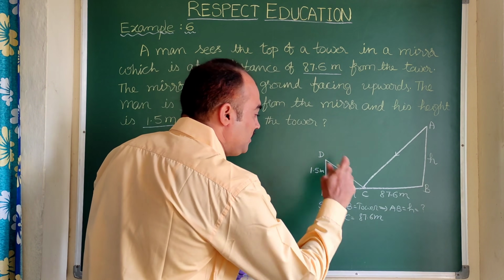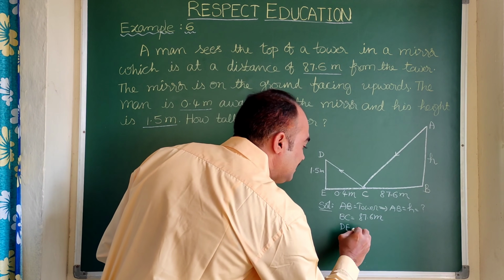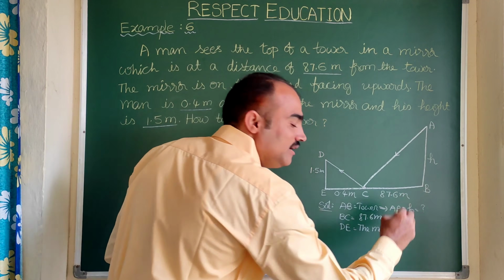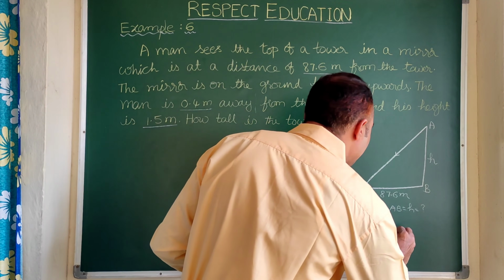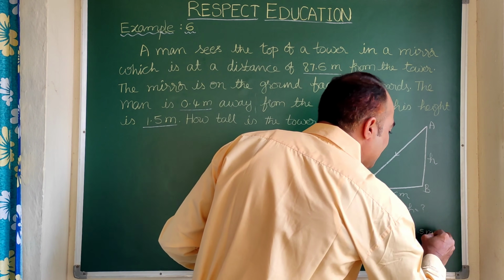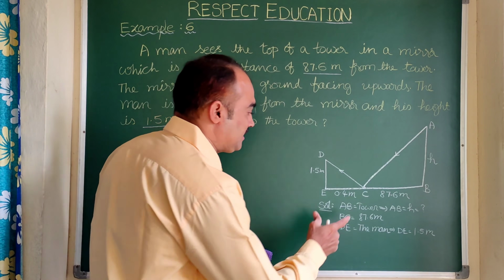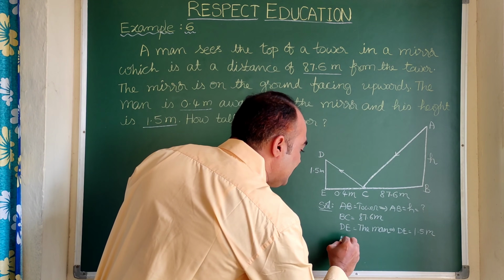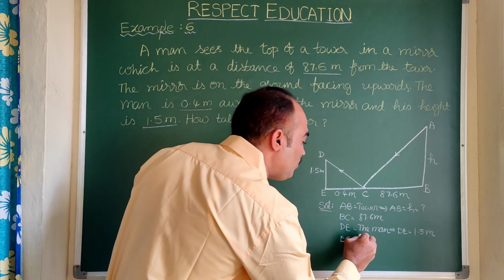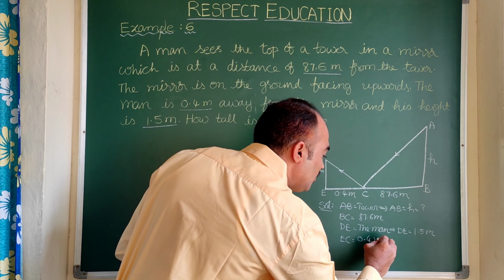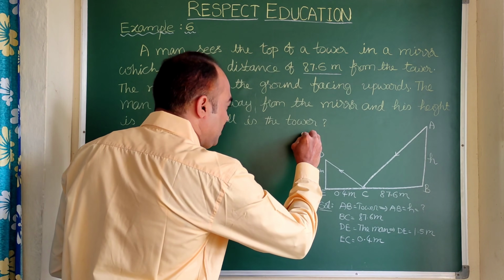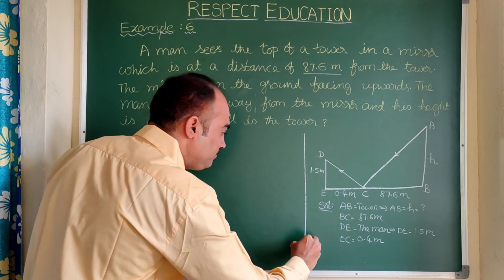And here let us come back to DE. DE is the man, the height of the man. DE is given as 1.5 meters. Next, EC is the distance between the man and the mirror, that is 0.4 meters. Right. Now let us start solving this problem.